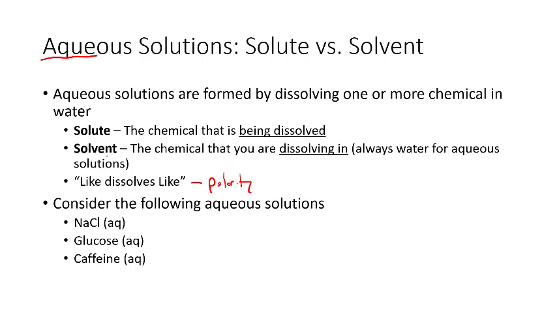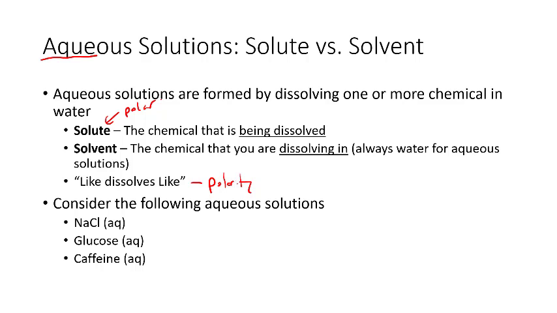If you have a non-polar solvent, that will dissolve non-polar solutes. The opposites do not dissolve each other. So if we're talking about water as a solvent for aqueous solutions, water is polar. That means only polar solutes are going to be able to be dissolved in aqueous solutions.